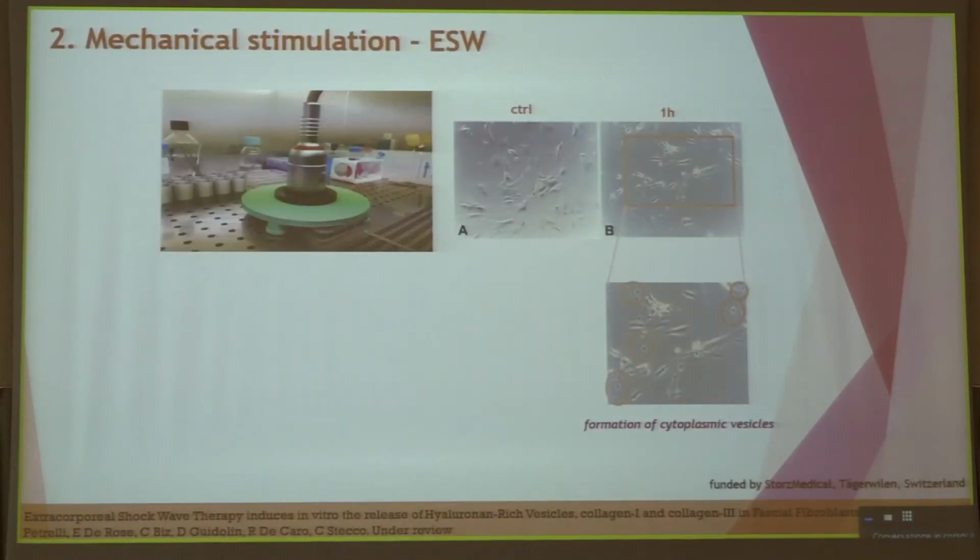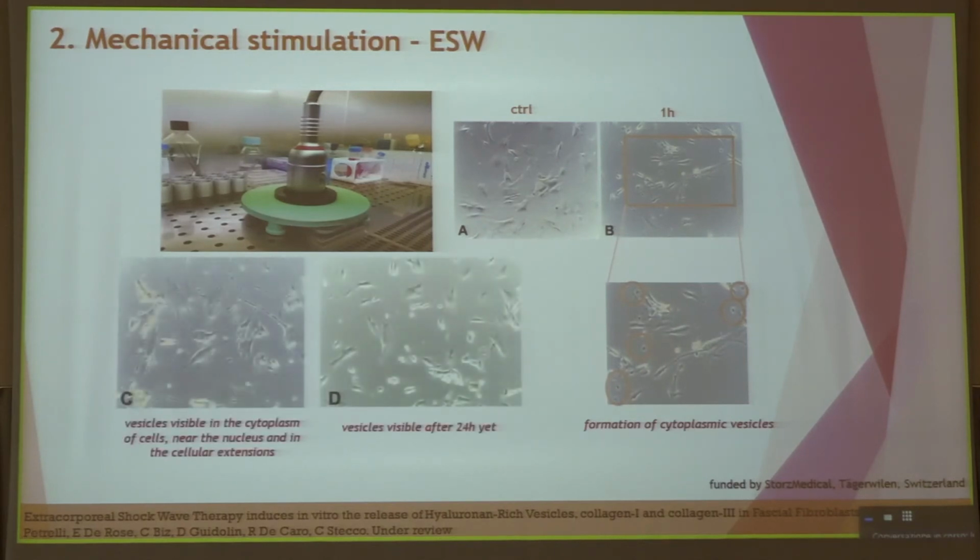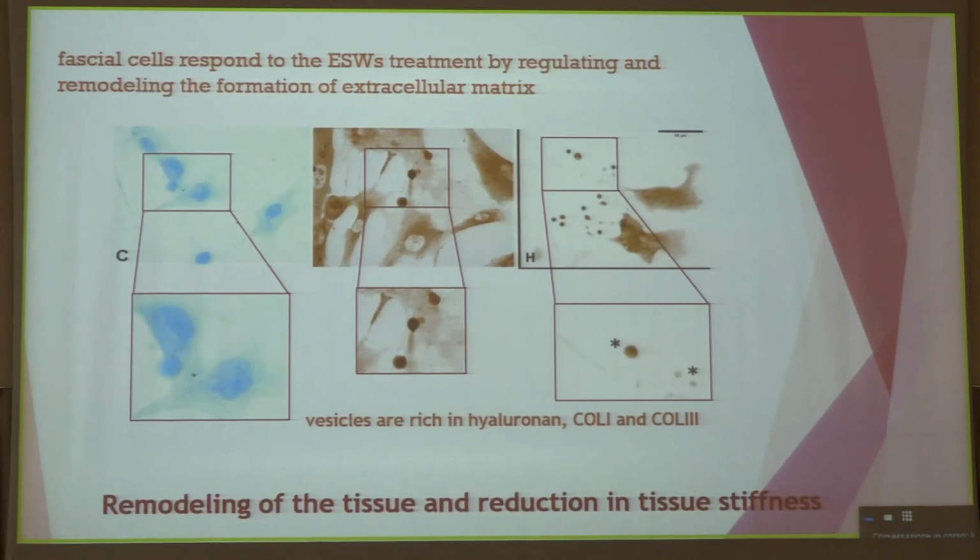We also use the mechanical stimulation, in particular the extracorporeal shock waves, to stimulate these fascial fibroblasts in vitro. And again, we noted the formation of some cytoplasmic vesicles immediately after treatment, but they are visible also after 24 hours after treatment. And these vesicles were rich in hyaluronan, this one in light blue, and in collagen 1, collagen 3.